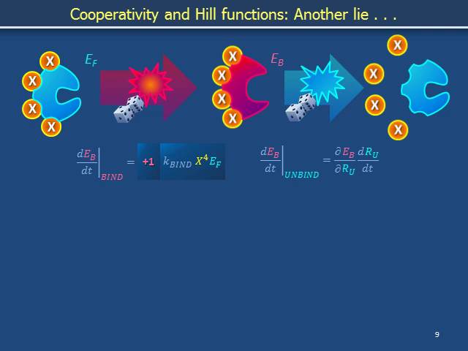During each unbinding reaction, 1 enzyme is lost from the bound population and moved back to the free population E sub F. The only independent reactant that explicitly enters the time rate of unbinding reactions is the bound enzyme complex.